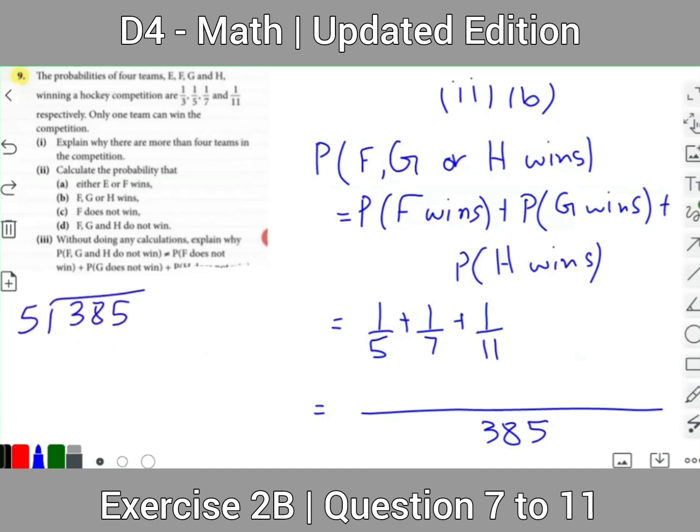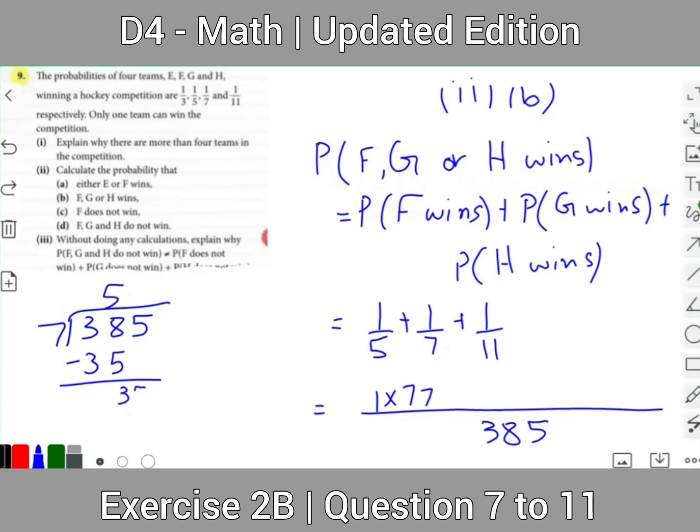So here we have 5 sevens are 35, and again 5 sevens are 35. So here we have 1 multiplied by 77. Now 385 for 7. 7 fives are 35, and 7 fives are 35. So here we have 1 multiplied by 55.